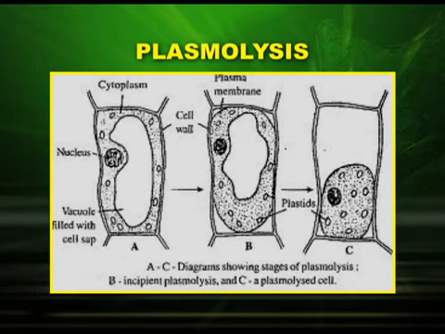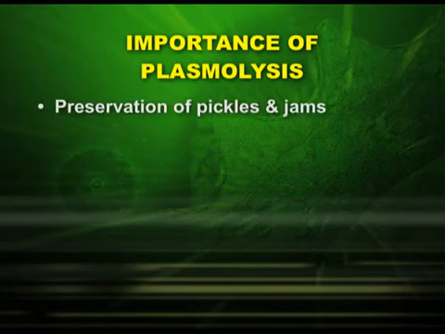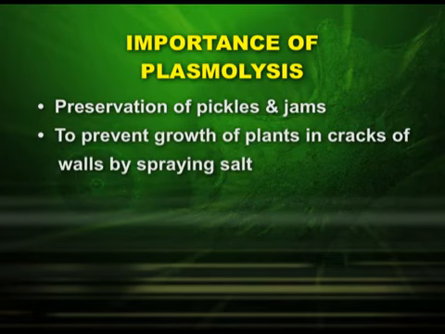In the diagram, you see a turgid cell, then a plasmolysed cell, and then the plasmolysis complete, that is the shrinking of cytoplasm. Now, what is the importance of plasmolysis? It is used in the preservation of pickles and jams. It is also used to prevent growth of plants in the cracks of walls by spraying salt.